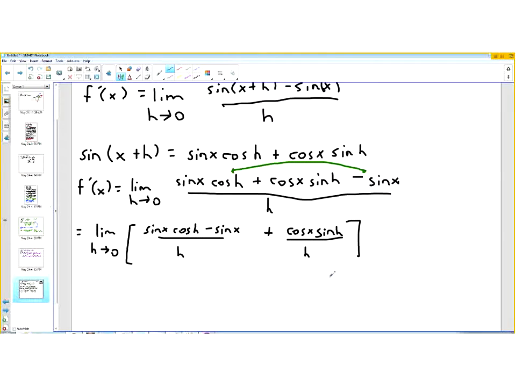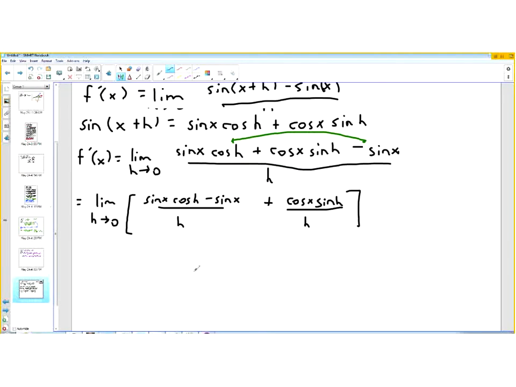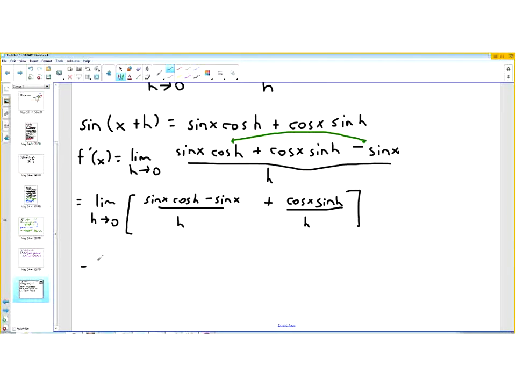We know cosine and sine are both continuous on their domains, so we can easily use the limit laws because the limits exist everywhere. So distributing the limit operator to each term, I'll factor out this sine x right here.